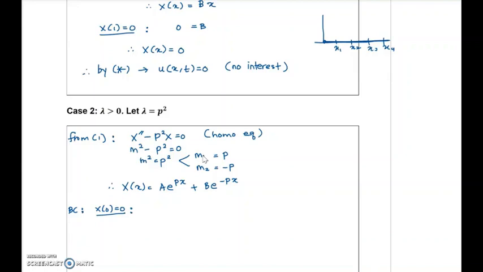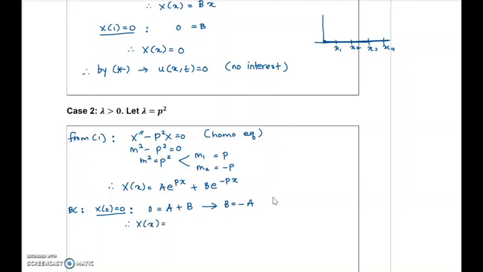So from the equation of x that we have here, at the left hand side we have 0, and when small x is 0, the exponent term is going to be 1. So we have a plus b, which means that b equals negative a, or we can have a equals negative b. Doesn't matter which one. So with b equals negative a, we update our solution.